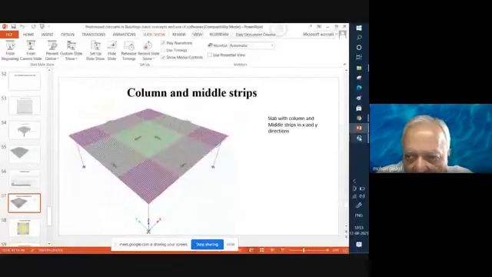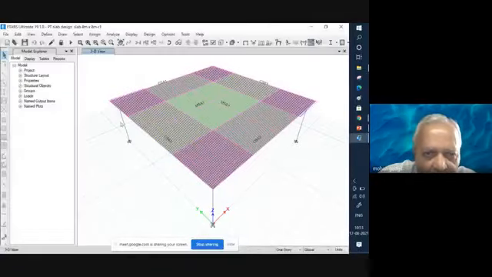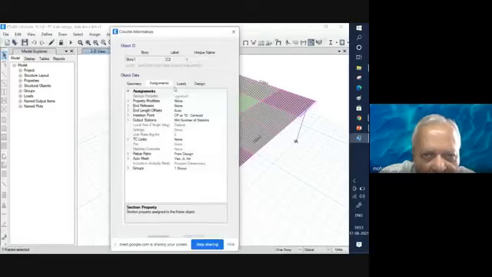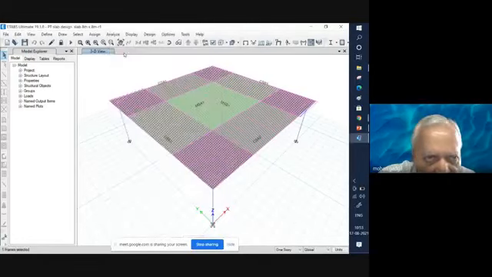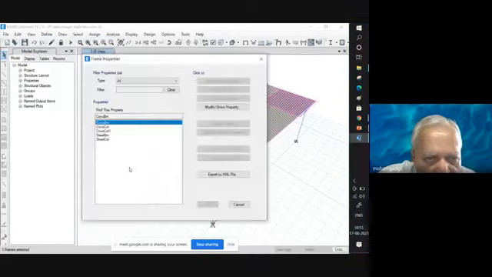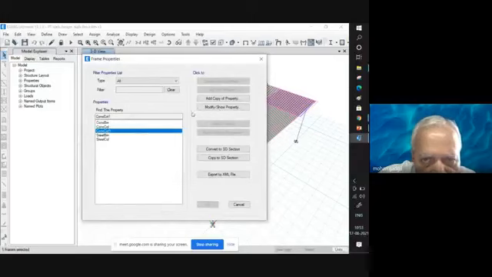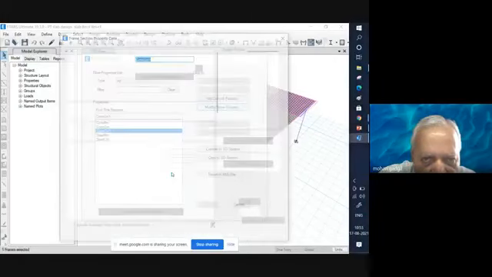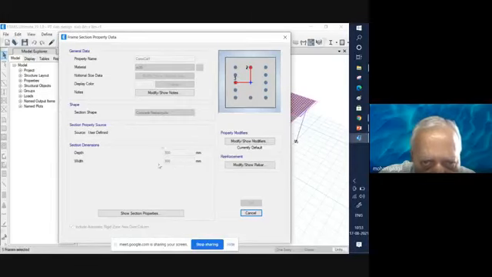If you consider the ETABS software as such, we have these columns already as part of the data. We have this column which is 300 by 300, defined in the definition, that is your section properties. So we have this concrete column 1 which is 300 by 300 in cross section, with some nominal reinforcement.